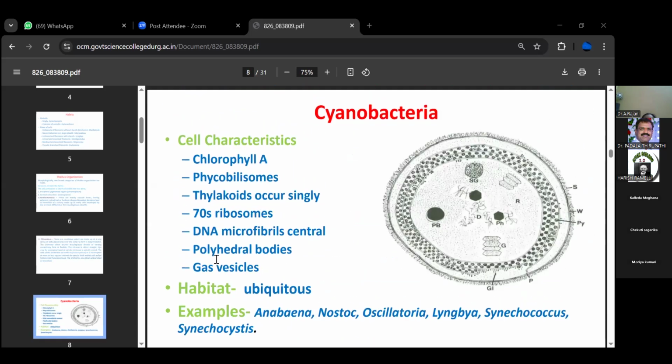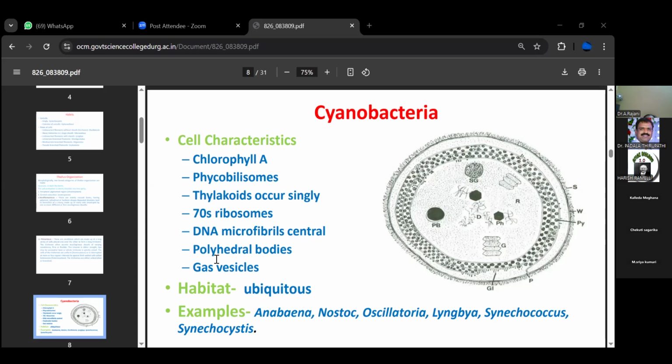Coming to the cyanobacteria cell characters. What type of cell structures are there? What characters are found? See, all cyanobacteria except Gloeobacter have an internal system of thylakoid membrane in which the light reaction of photosynthesis and respiration occur.